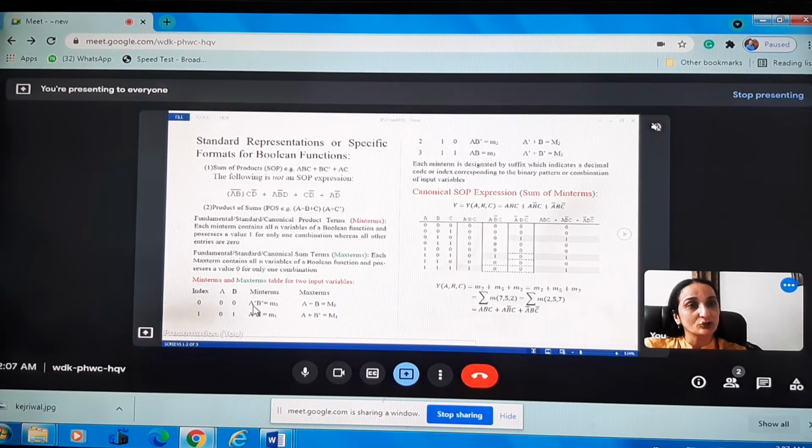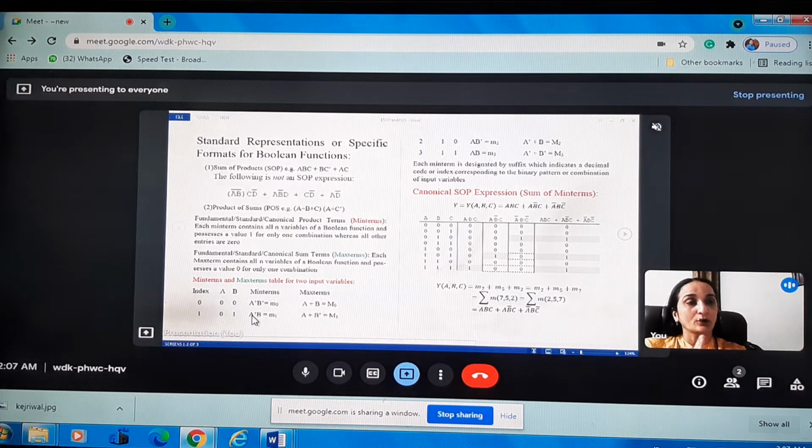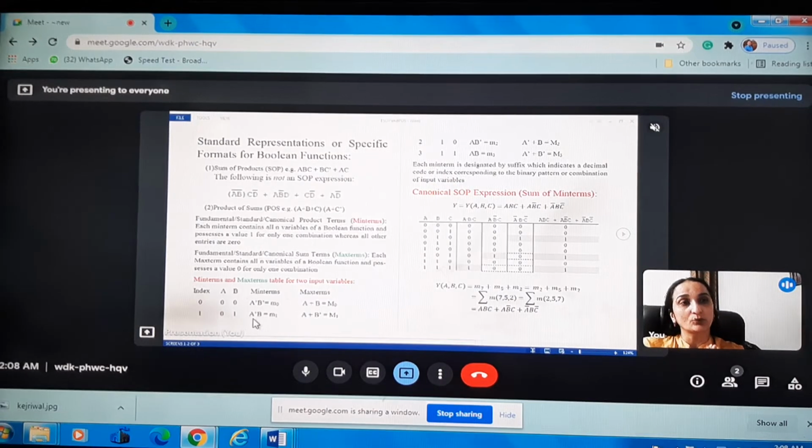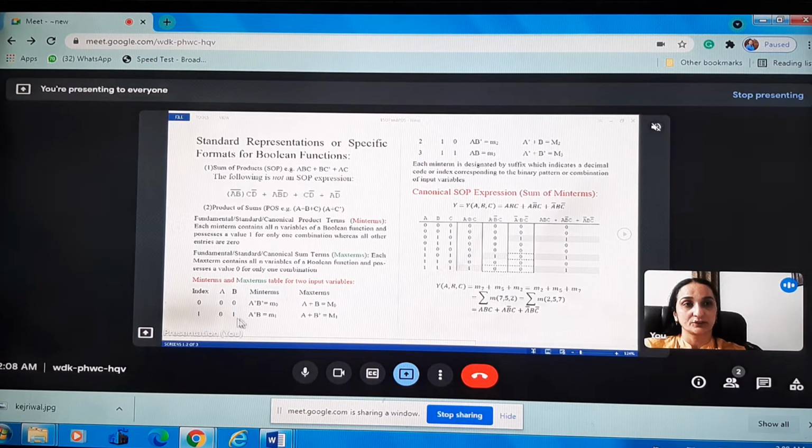That's why A should be 0 and B should be 0. Now this m1 min term will be equal to 1 only when A bar B is equal to 1, that is A bar is 1 and B is 1. So if A bar is equal to 1, A should be 0 and B should be 1.